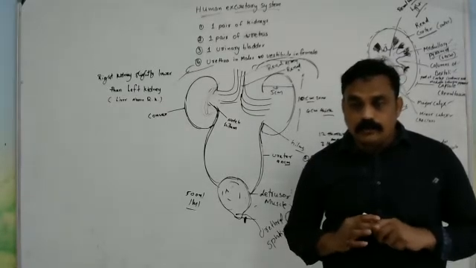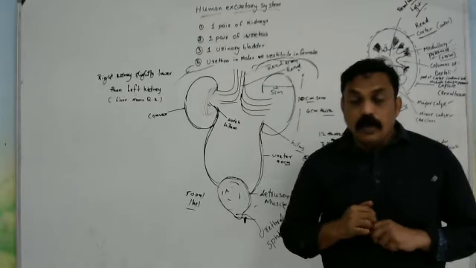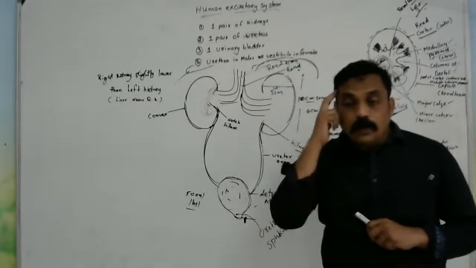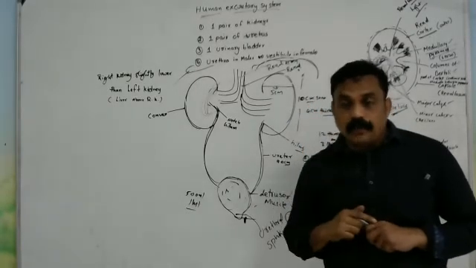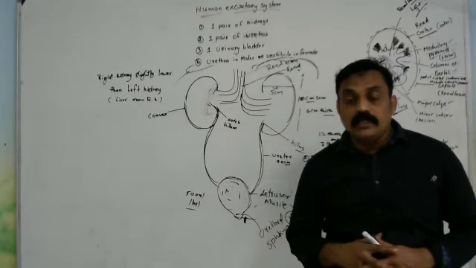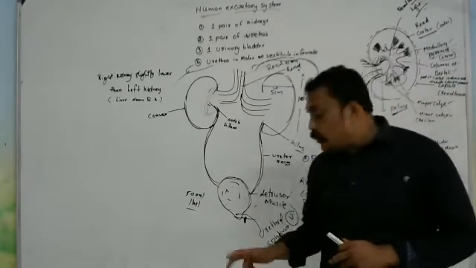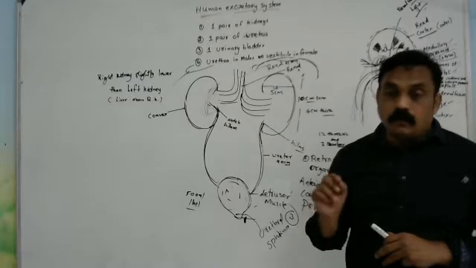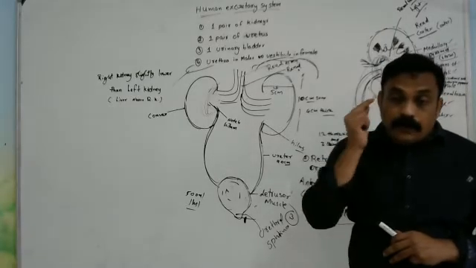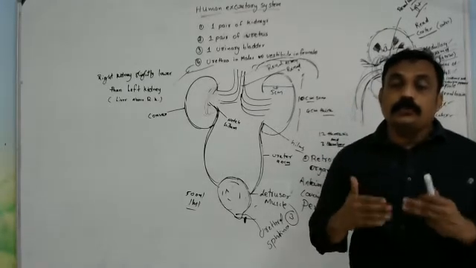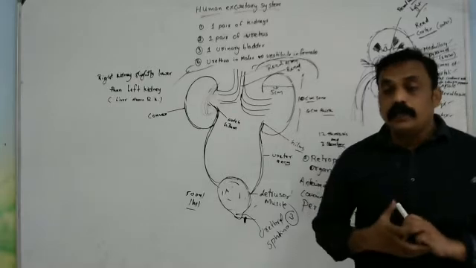In classrooms students ask how you know. The brain analyzes the information that the bladder is filled with urine. Then the urethral sphincter, being voluntary, opens only with our brain signal. Micturition means sending the urine outside.